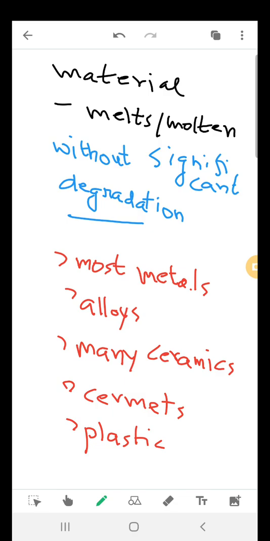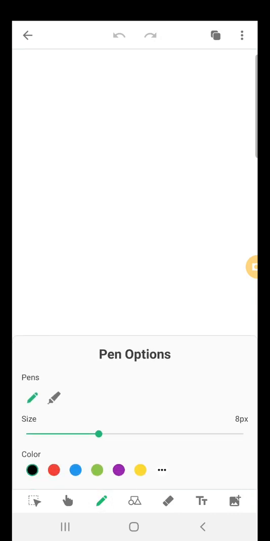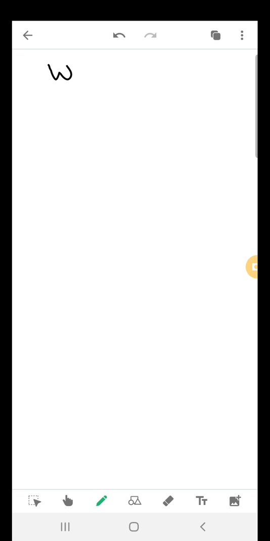Now, a type of thermal spray is wire spray. There are different types of thermal sprays, and we will start with the wire spray.